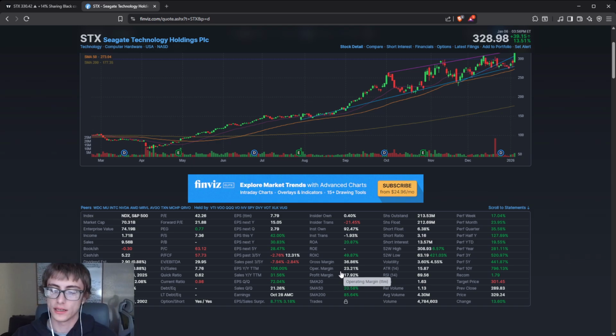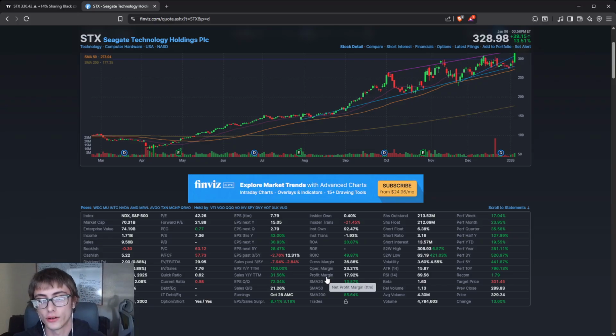You can have all the sales in the world, and if your margin isn't good or increasing, it doesn't matter. The company won't be able to expand well off of those sales, right? So margin is the important third factor. The main three factors that are most important are just earnings per share, sales, and profit margin.